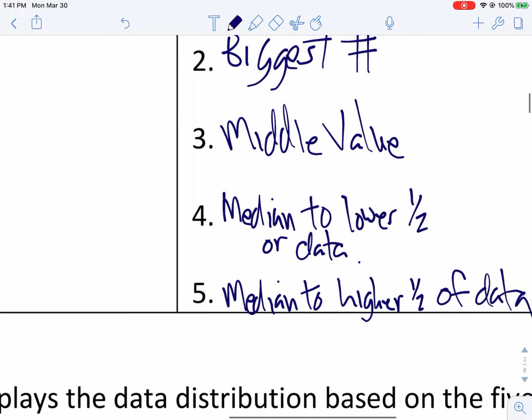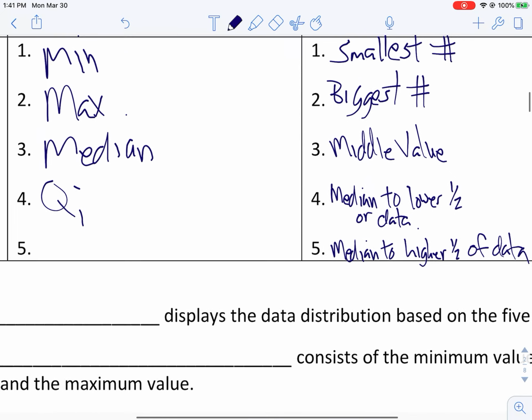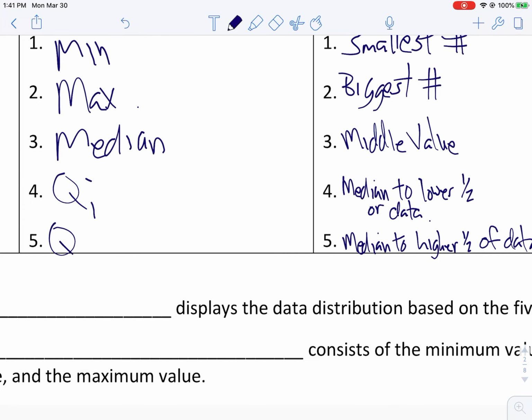So that's going to be my Q3. So, sorry guys, that's Q1. That's going to be Q3.